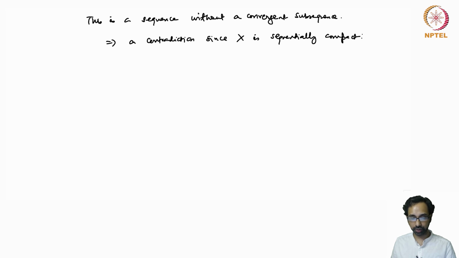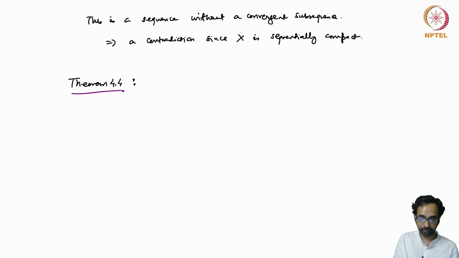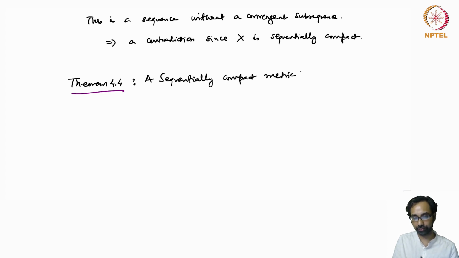And now we are ready to prove the initial theorem that we wanted to prove, which is that a sequentially compact metric space is compact. So let us see a proof of this theorem.